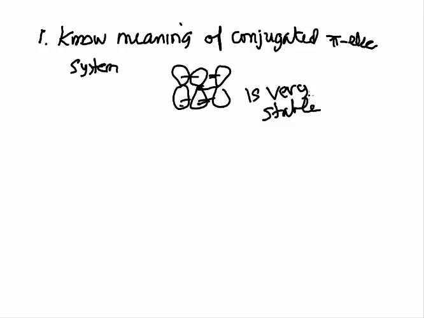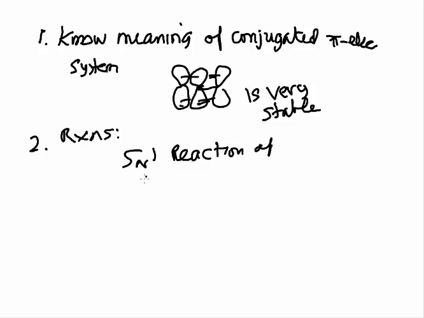there are basically in Part A of Chapter 17 the 2 reactions that you want to understand. And so we say the reactions. The SN1 reaction of an allylic substrate.